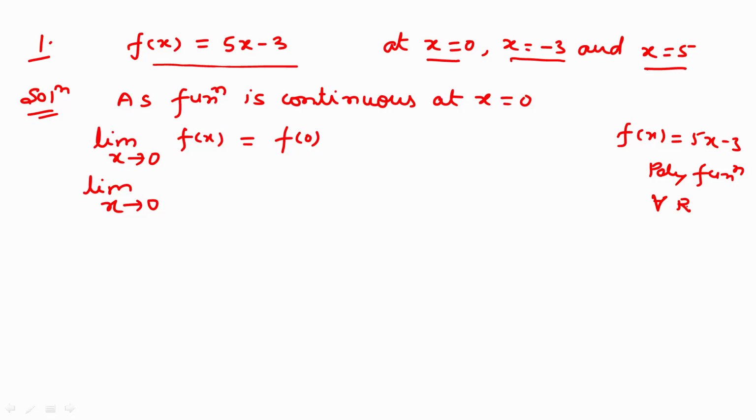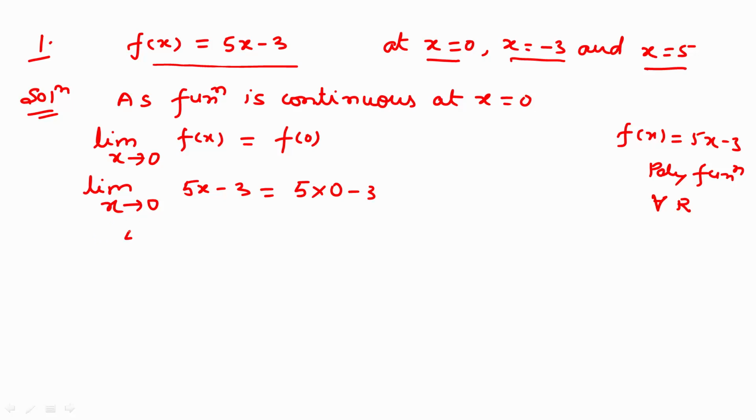So limit x tends to 0, 5x minus 3 is equal to, and we put x is equal to 0 in this function. This will be 5 into 0 minus 3.